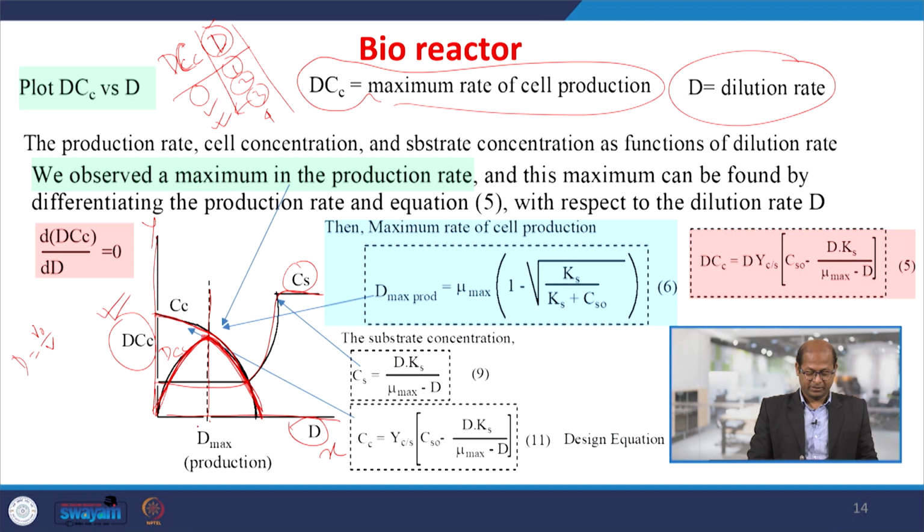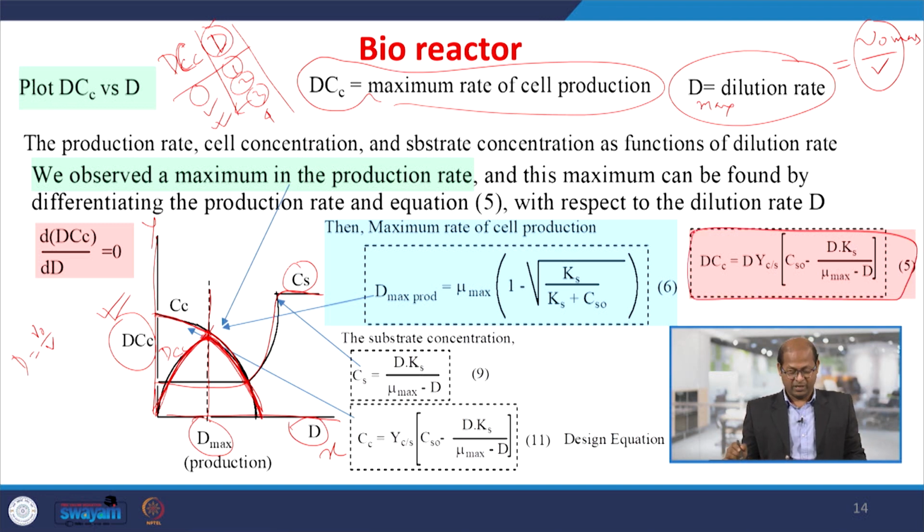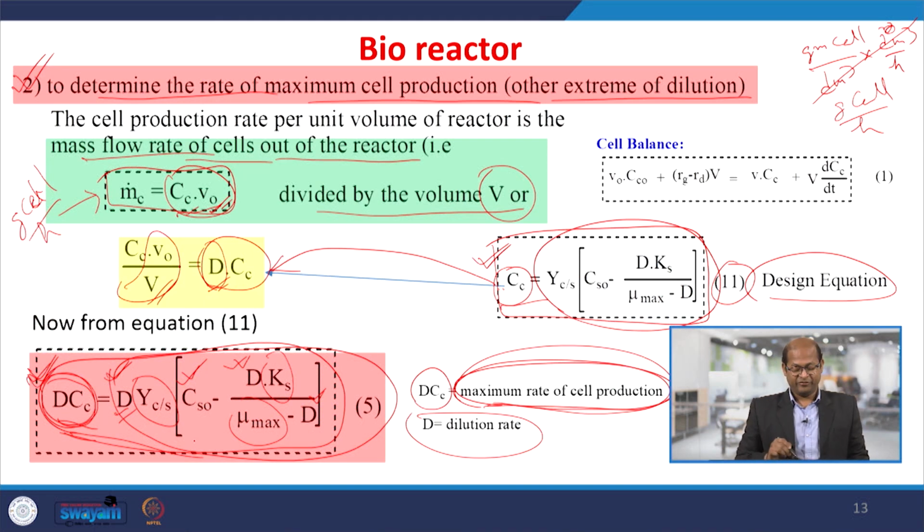This particular point is d max, where d means V naught by V, and this is also the maximum. So, when we maintain that particular dilution rate, we can get the maximum rate of cell production at this point. Now we have developed this equation 5.